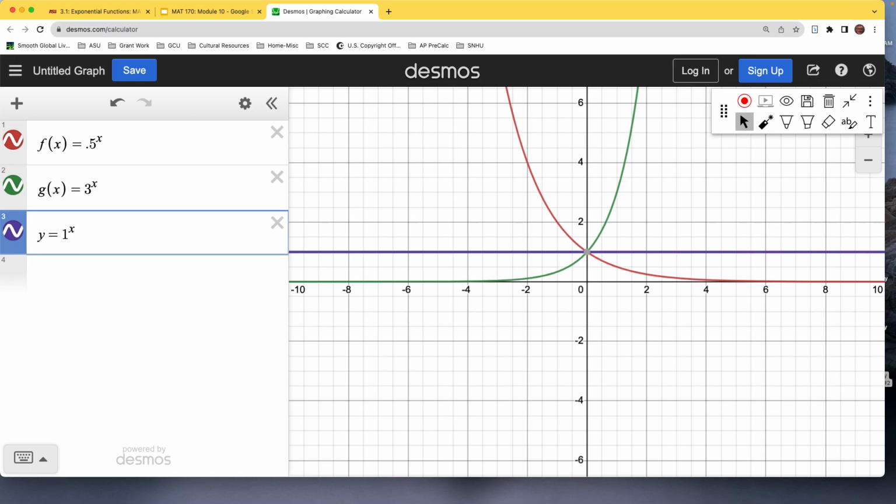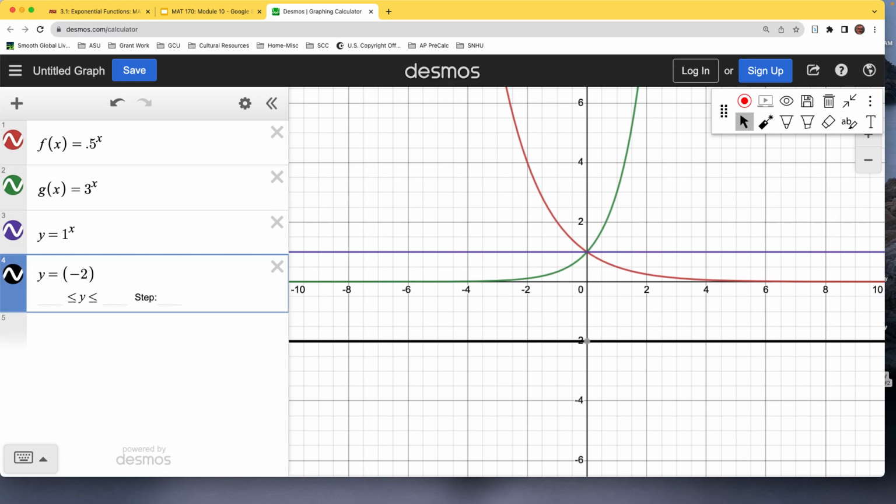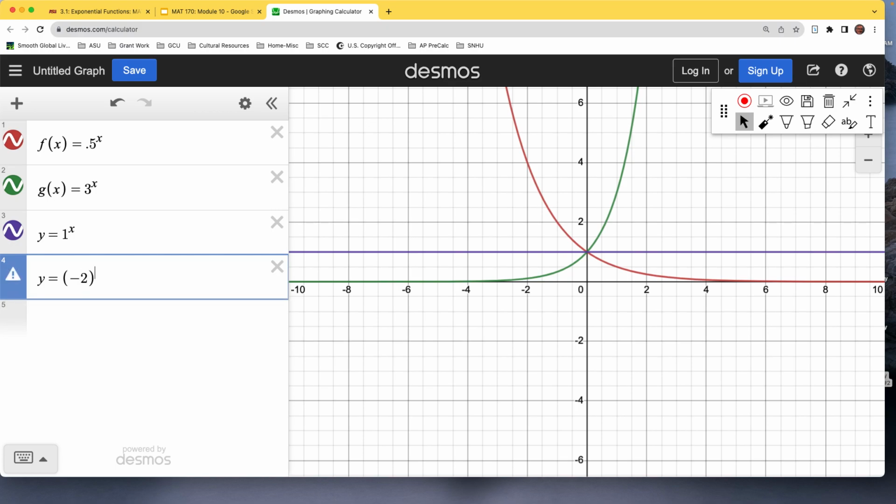And let's see what would happen if we try this. Y equals, let's go with -2 raised to the x power. And I don't know, it might blow up my computer. And what you see is all these little points here.